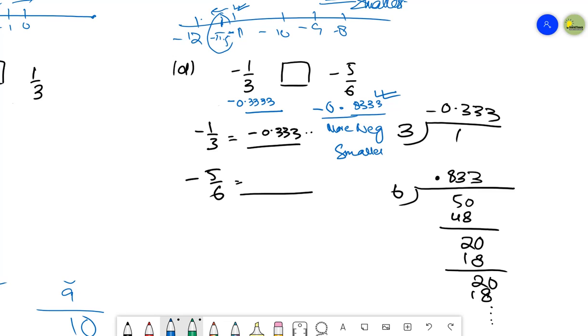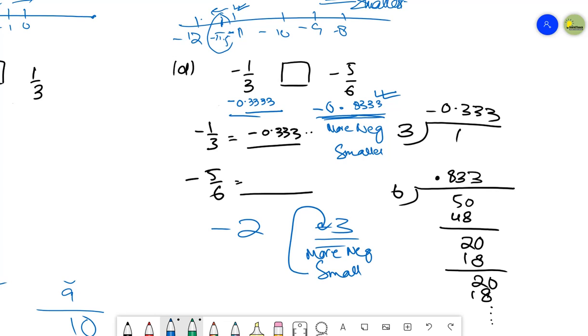When you have two negative values, let's suppose -2 and -3, you see which is more negative. -3 is more negative. More negative means it is going to be smaller because of this negative sign. So in this case, -0.3333 and -0.83333, the big value is -0.3333. -0.8333 is the more negative value due to the minus sign, so it is the smallest one.